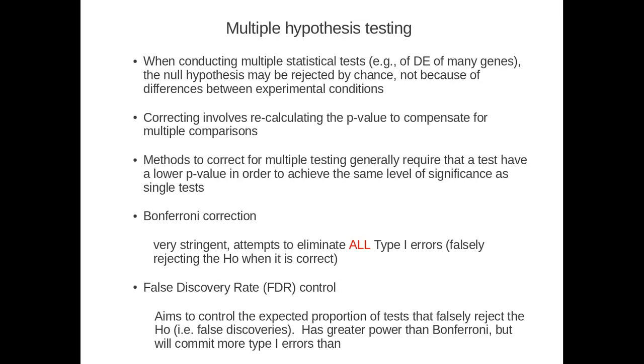What the Bonferroni's goal is, is to eliminate every single type 1 error. That is a case where we have falsely discovered, or falsely rejected the null hypothesis when it is in fact correct.